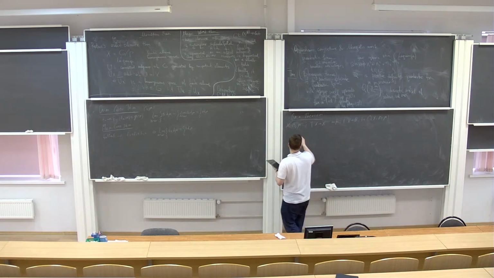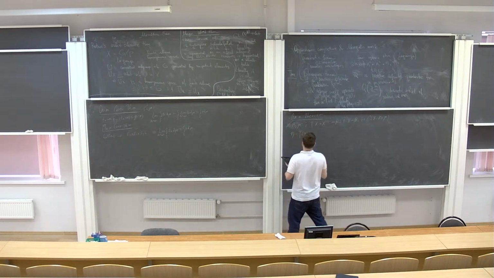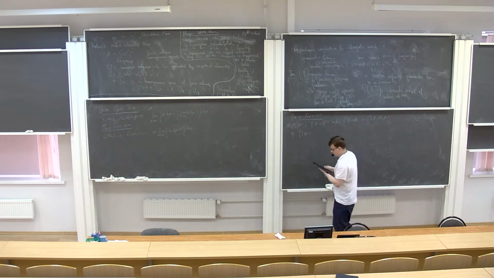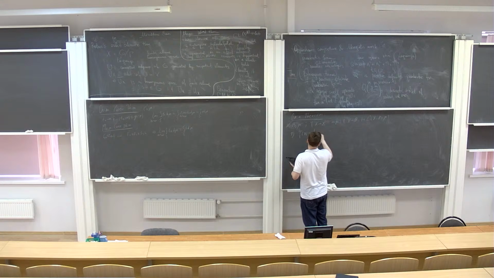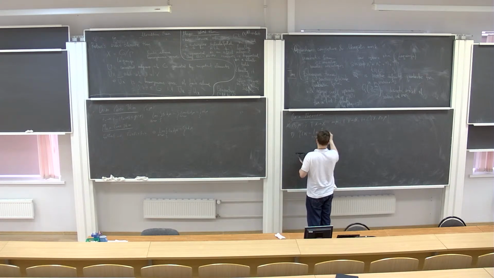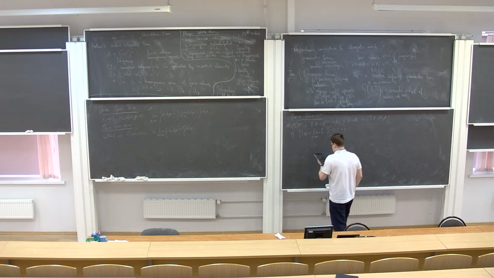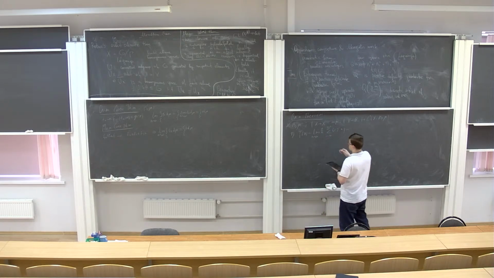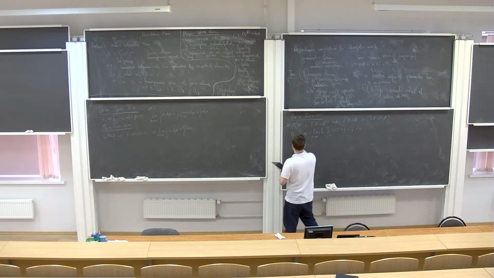So the first part is that there exists such a limit that we are going to call f tilde, such a function f tilde, and it looks like this. This limit exists almost everywhere. This is the first part.